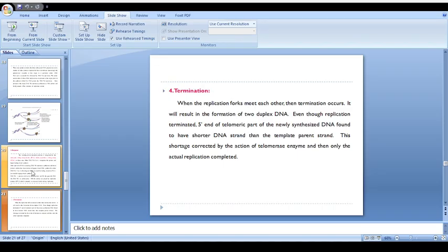That gap has to be filled, or else in every round of replication nucleotides will be lost and the size of the chromosome will keep on reducing, so there will be a problem in passing on the information.